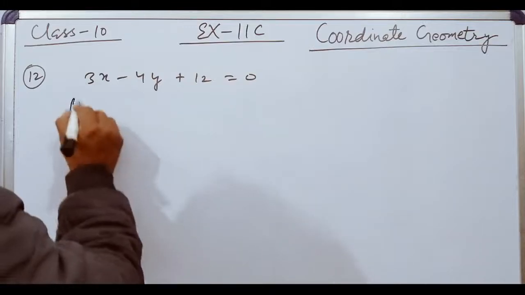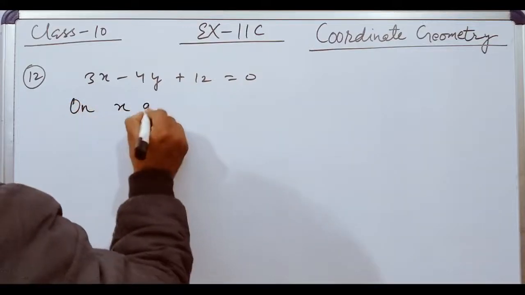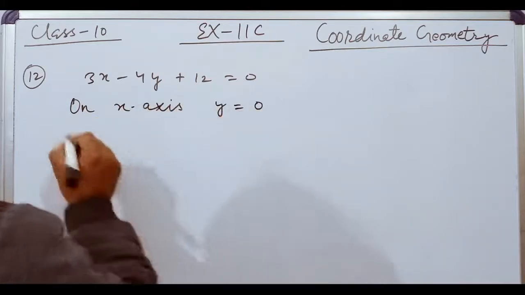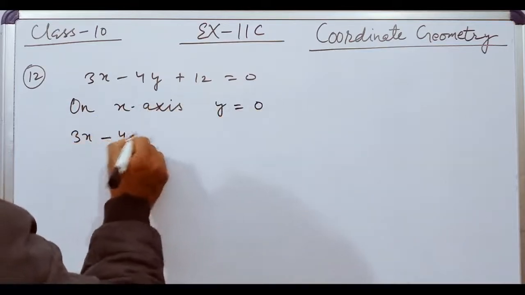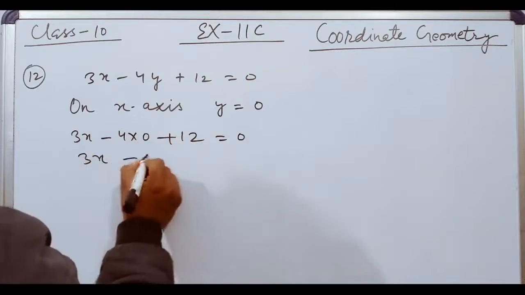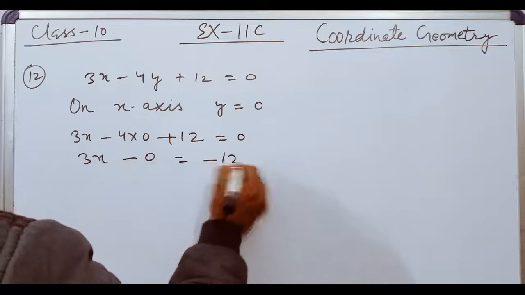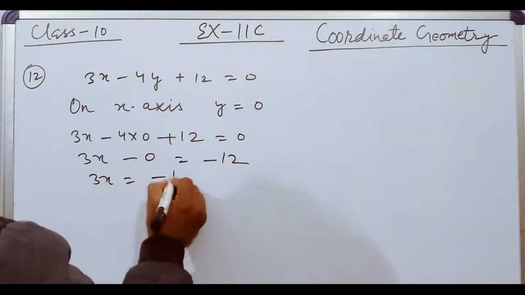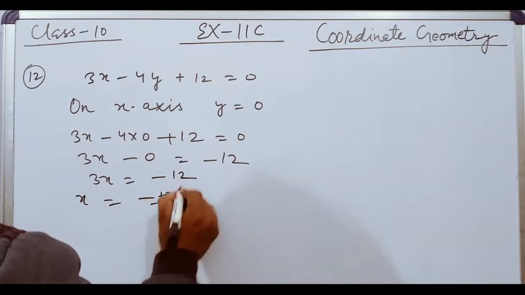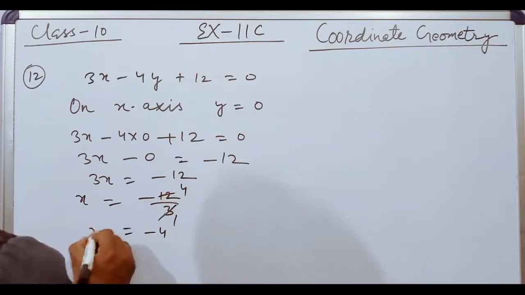So on the x-axis y equals 0. So 3x minus 4 into 0 plus 12 equals 0. 3x minus 0 equals minus 12. 3x equals minus 12. x equals minus 12 upon 3, which is minus 4.